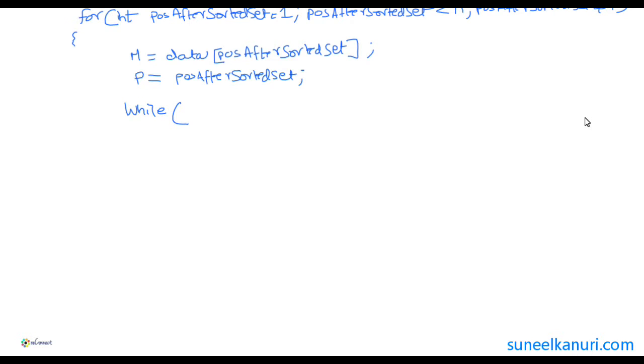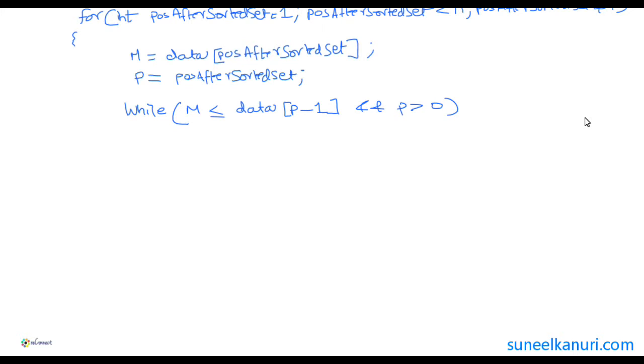So while m is less than or equal to data of p minus 1 and p has to be greater than 0, that means that our m is at a position greater than 0 and our m is smaller than whatever the position p minus 1 is pointing to.